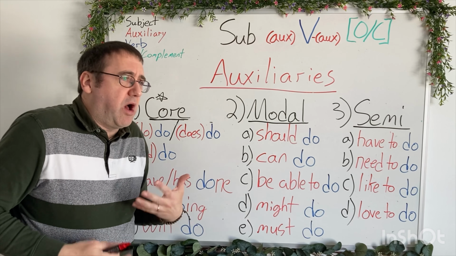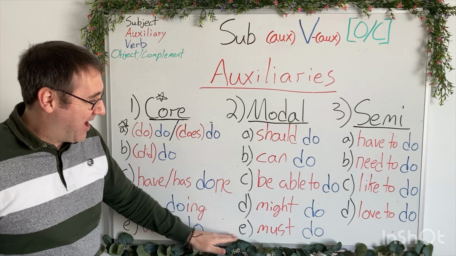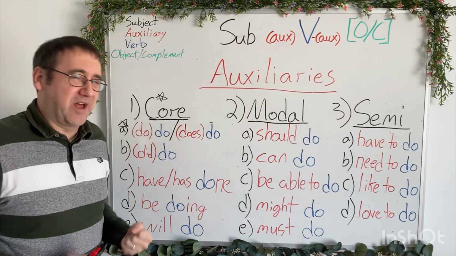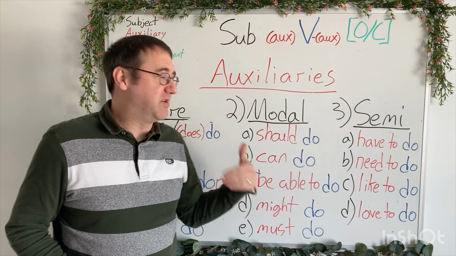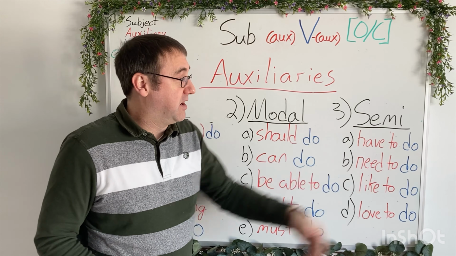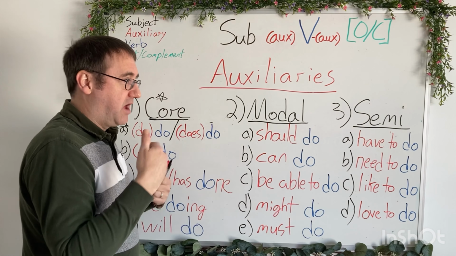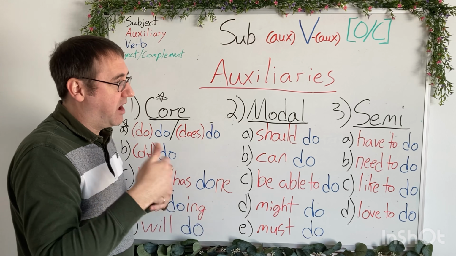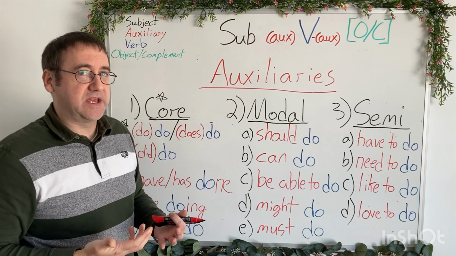Might do: I might walk today, but it's cold, so maybe not. I must walk today because I feel guilty, so I've got to get some exercise. I have to walk. You might say, I have to walk to work. So again, look, three words: have to do, have to walk, have to talk, have to eat. I have to walk to work today. I have to eat every day.